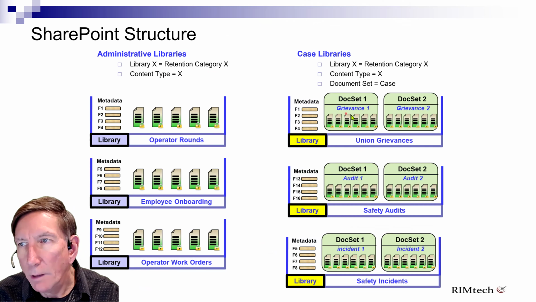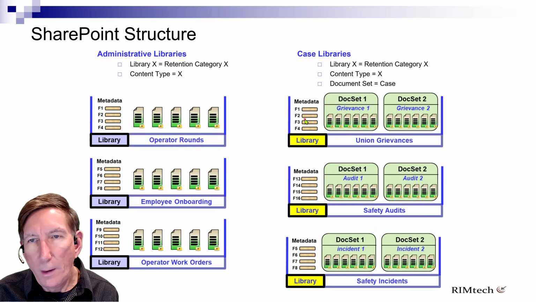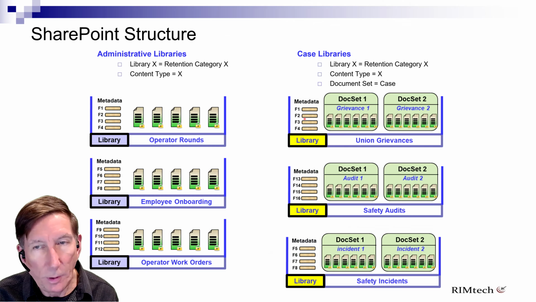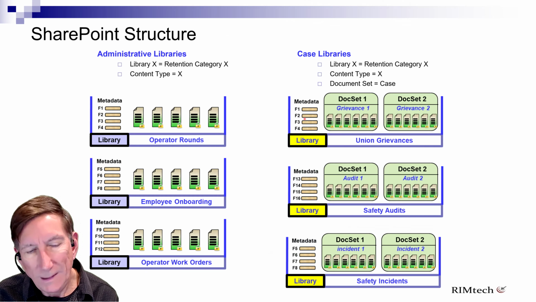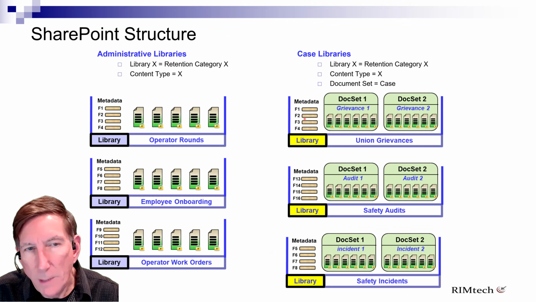The 480 on the right are divided into document sets, one for each case. And the metadata is unique to each library. So we're going to have an average of 14 columns per library in a healthy EDRMS. You multiply 14 by 800 and you get 11,200 mappings.